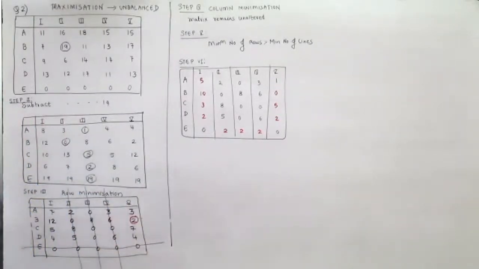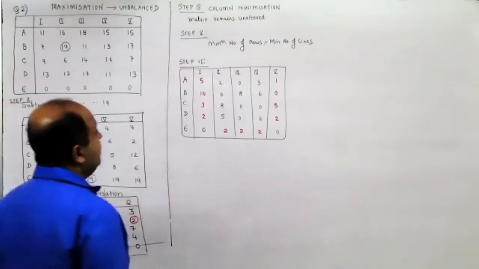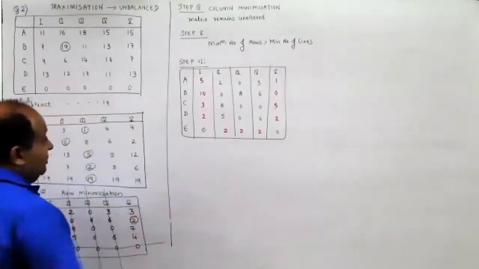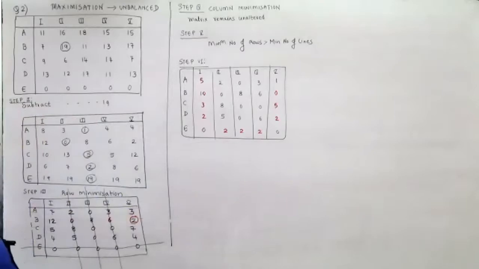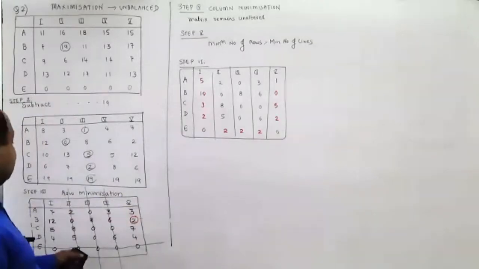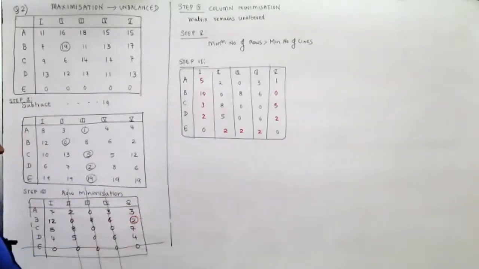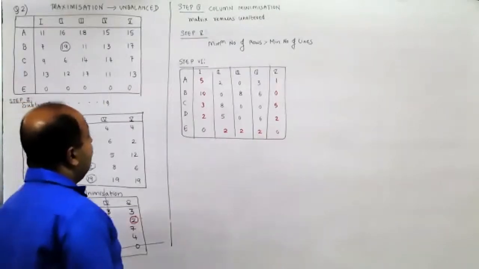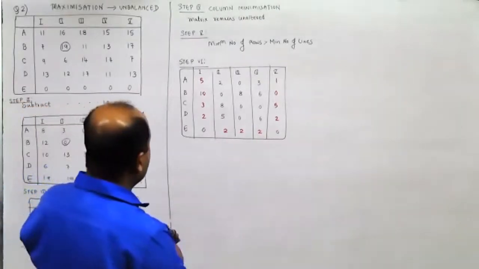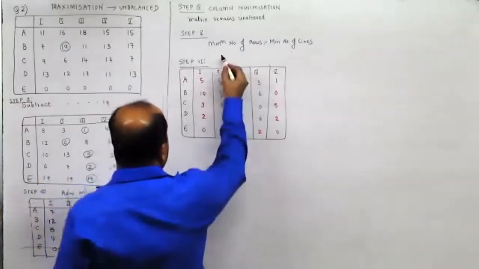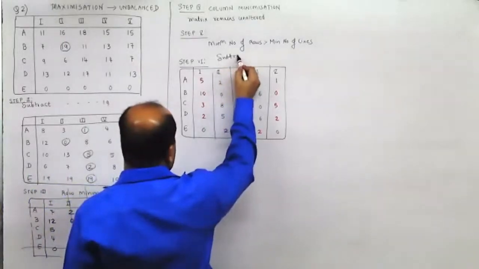Now, how many lines do we need to cover this? Step 6, subtract the uncovered elements from the minimum value and then add that minimum value to the intersection elements. Now how many lines do you need?